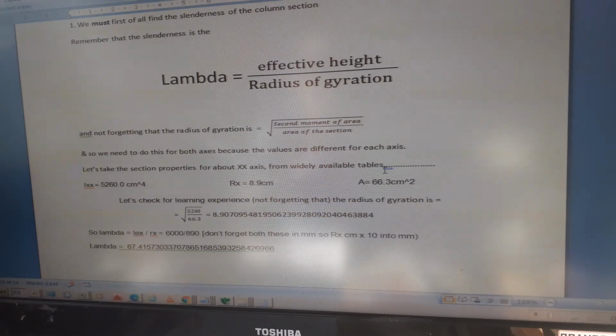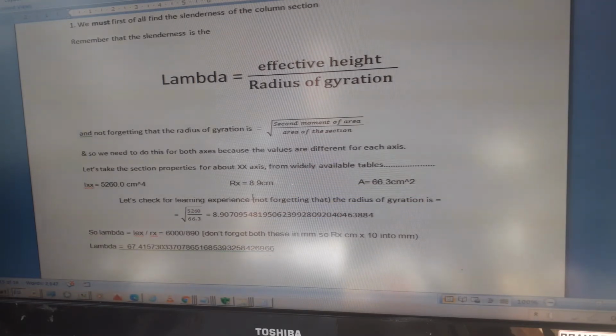If you can't find them online, just Google section property tables. We've got 203 by 203 by 52 UC. IXX equals 5260 centimeters to the power of 4. RX equals 8.9 centimeters, and A, the gross area of the section, is 66.3 centimeters squared.